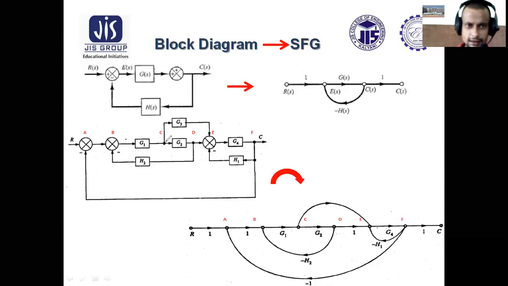In between C and D, there is G2. Now in between D and the output, there is 1. There is nothing, which means 1. Now in between C and E, there is G3.